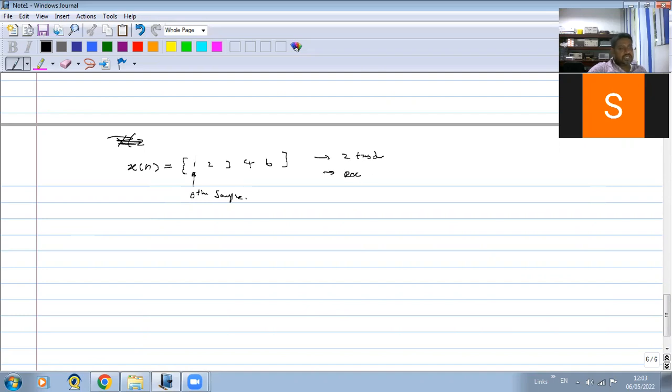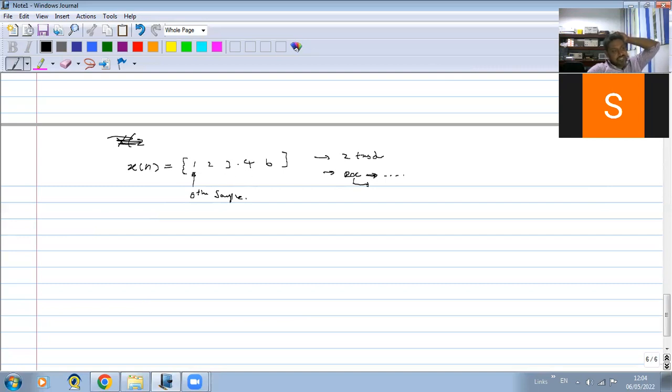So tell me the ROC. No need to put the Z transform. Once you calculate the Z transform, try to find the ROC here, and tell me what is the ROC for this power series. This time series is not a power series.